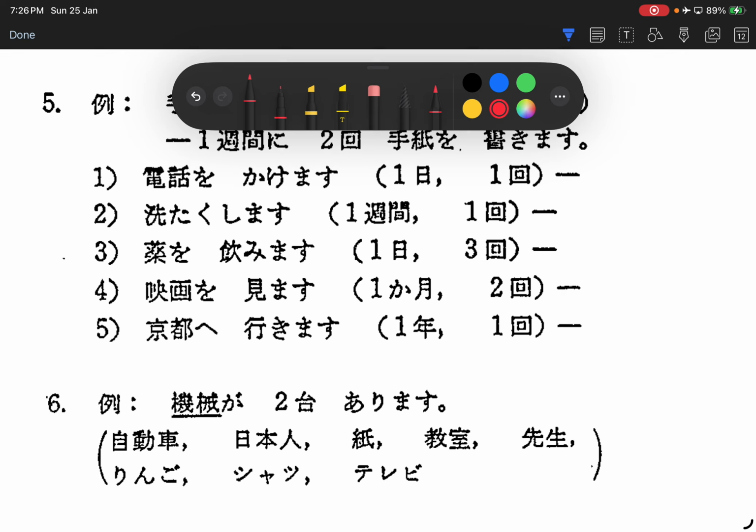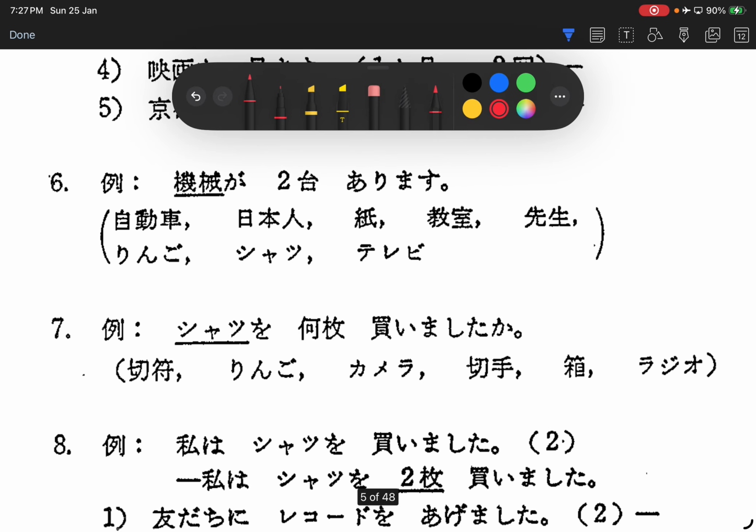Okay, next. 京都へ行きます。1年1回。1年に1回京都へ行きます。Very good. Number 6, 機械が2台あります。So this is how we count. For example, 自動車. Can you tell me the counter for 自動車?